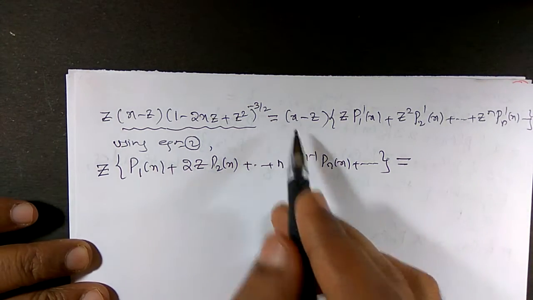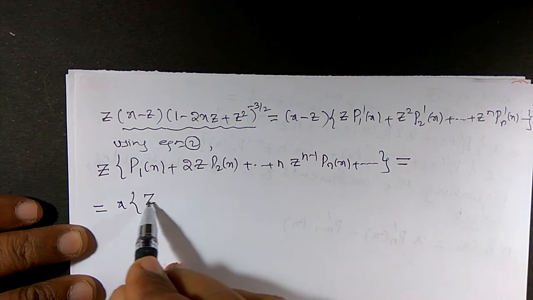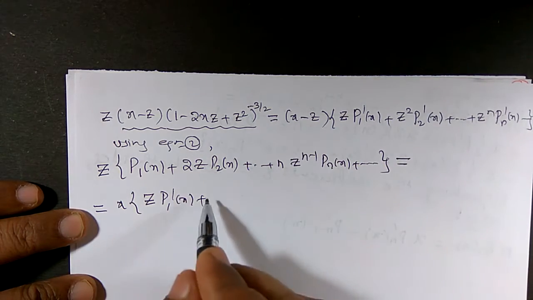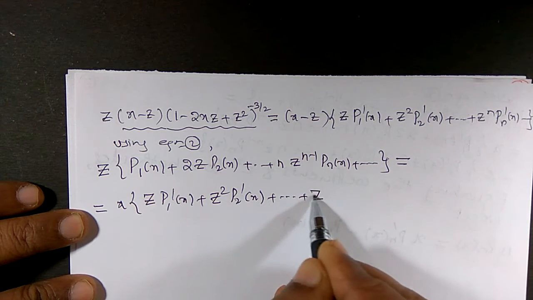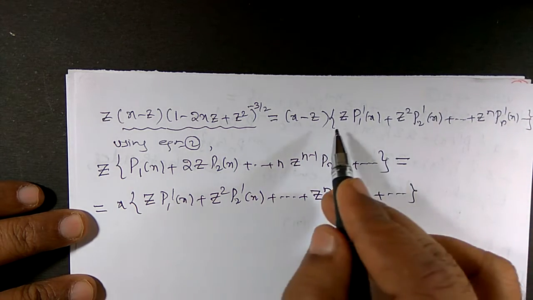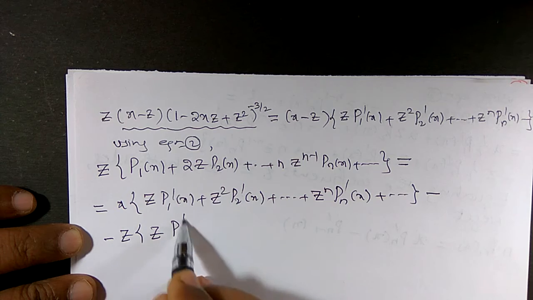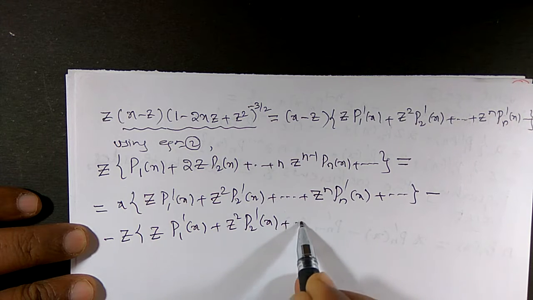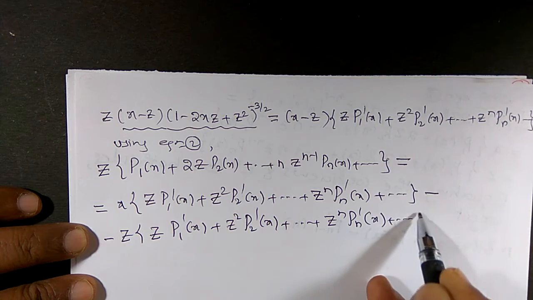Now I want to multiply x into all these terms. This is equal to x into z P1 prime of x, z square P2 prime of x, plus so on, z raised to n Pn prime of x, plus so on. Minus z into all these terms: z into P1 prime of x, z square P2 prime of x, plus so on, z raised to n Pn prime of x, plus so on.